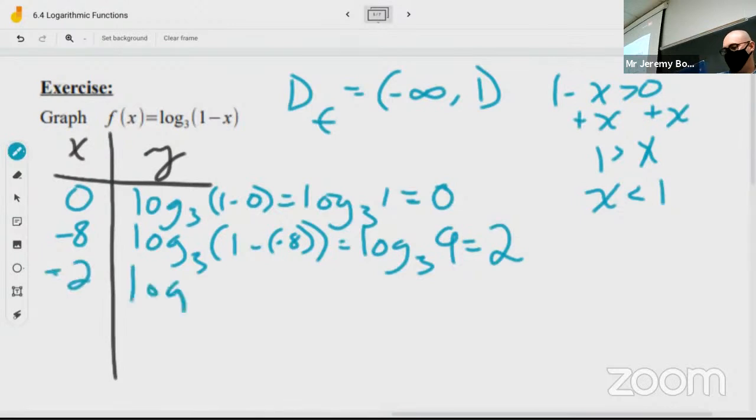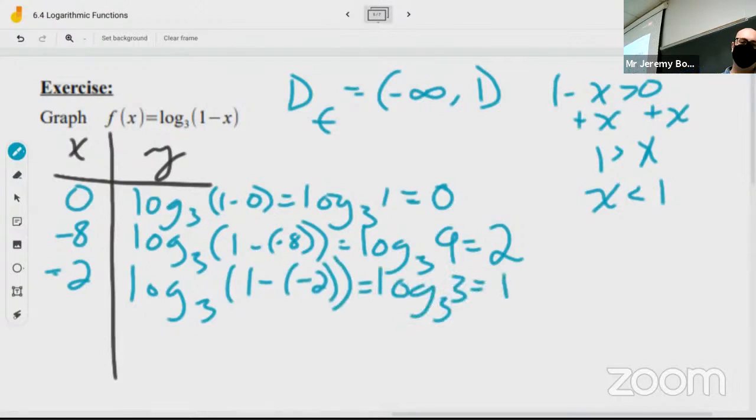So we'd have log base 3 of 1 minus -2. It would be log base 3 of 3, and that's going to be 1. So it's growing pretty rapidly because it's got a base of 3. Anytime you get a base over 2, it just seems to take off pretty fast.